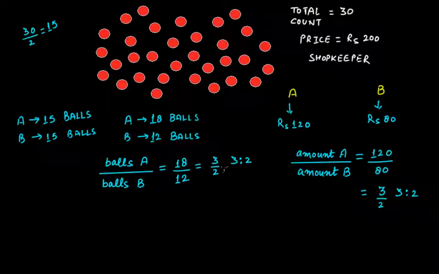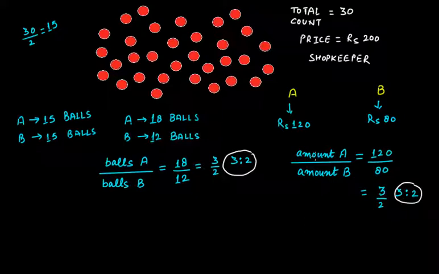So the ratio in which the balls have been divided is 3:2, and the ratio in which the amount was paid by A and B is again 3:2. What does that tell us? That this distribution of 18 to 12 is actually in proportion to 120 to 80. These are the simplified forms of 18 to 12 and 120 to 80.